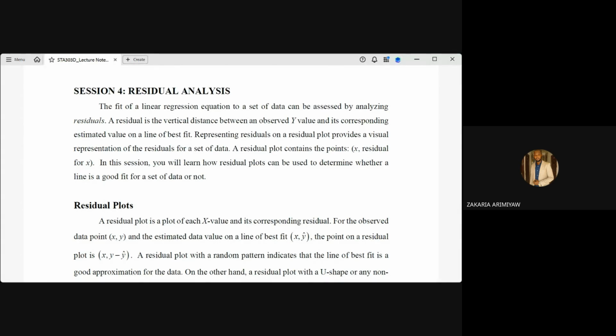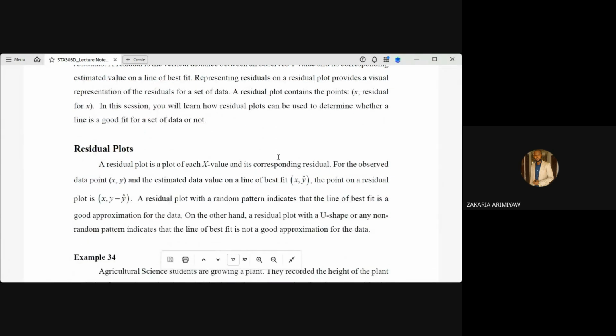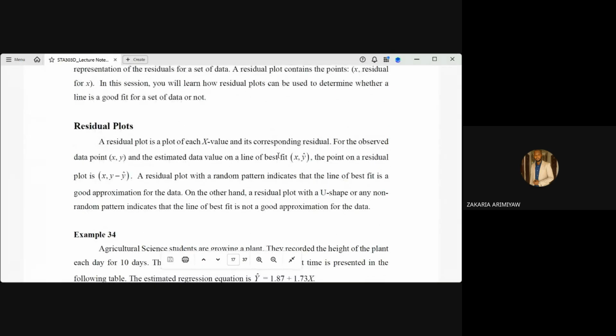When we want to examine whether the regression equation is going to fit the data well, or be a good representation of the data, we need to have the residuals. In order to measure the fitness of the model, one procedure we apply is residual analysis, and this is done through residual plots.